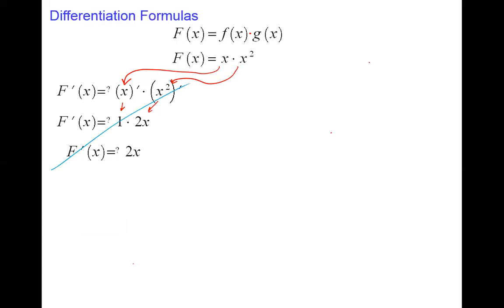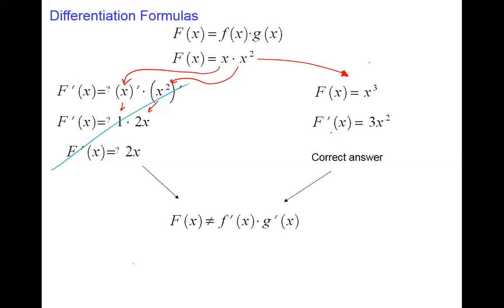But in this case, I can combine and I can simply get x cubed. And we know what's the derivative of x cubed? 3x squared. That means this is the correct answer, which means the conclusion is the derivative of the product is not the product of two derivatives.